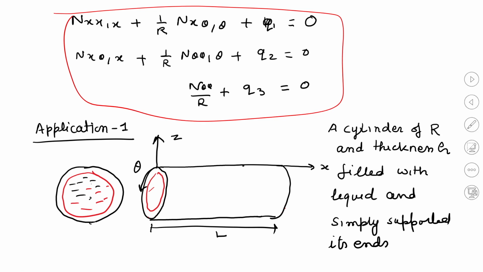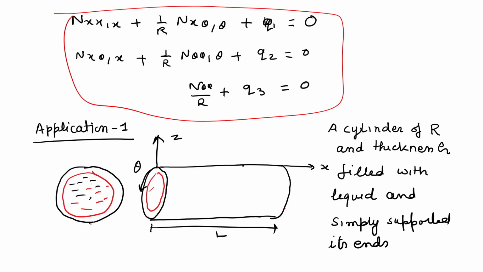So, we can directly utilize this set of equations. If you remember, very initially after developing the governing equations, I told that we have to convert into the basic primary variables, then we are going to solve.